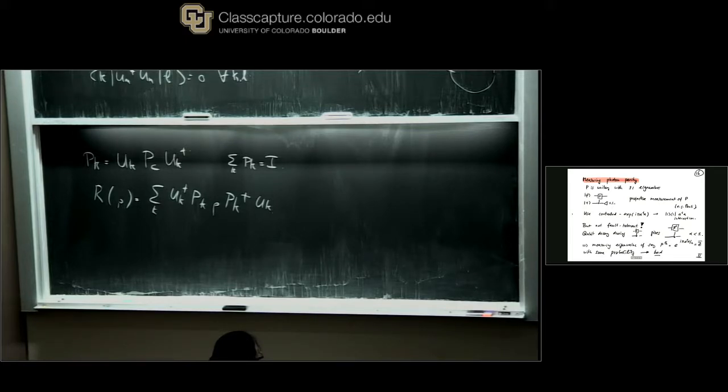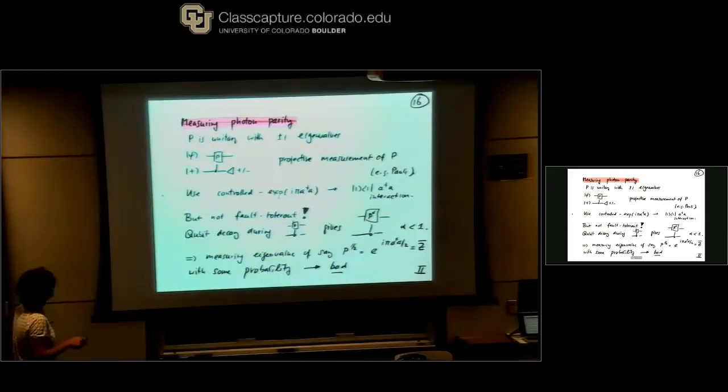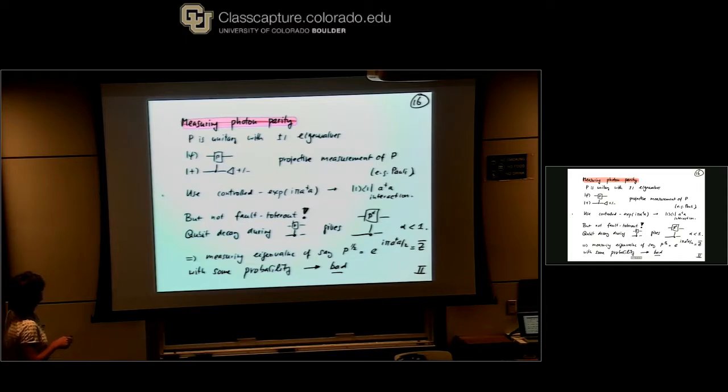In this case, what we need to do is controlled e to the i pi a dagger a. If the qubit is in 0, we don't apply this. If the qubit is in 1, we have to do this. And this is naturally given if I have an interaction in the Hamiltonian that looks like this: the projector onto qubit state 1 times a dagger a. So if the qubit is in state 1, it rotates this bosonic mode.